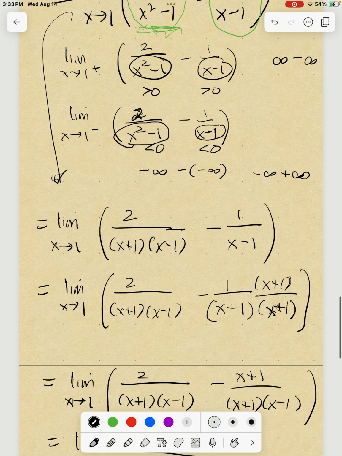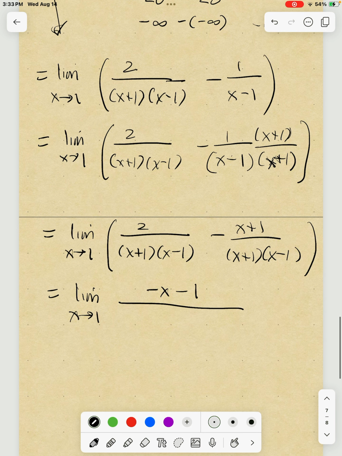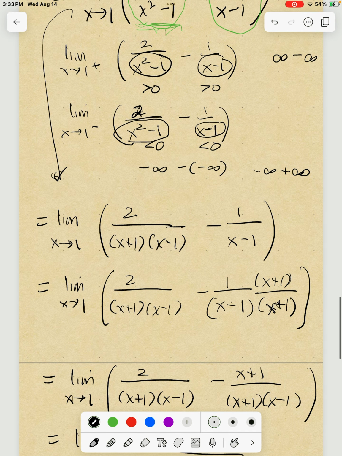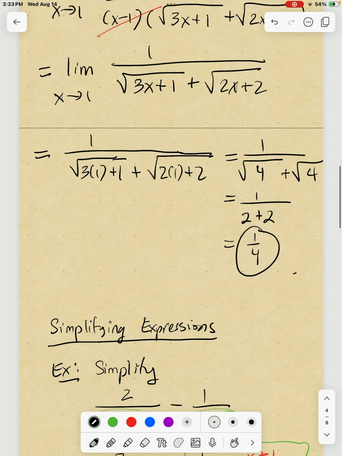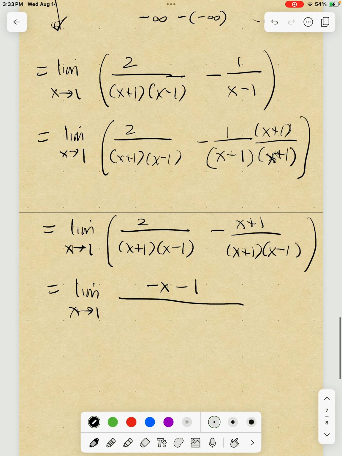Is this matching what I had before? Did I make an algebra mistake? Let's see. Oh, did I write the wrong thing? Oh, oops. Okay, let's double check the algebra. Oh no, this is right.